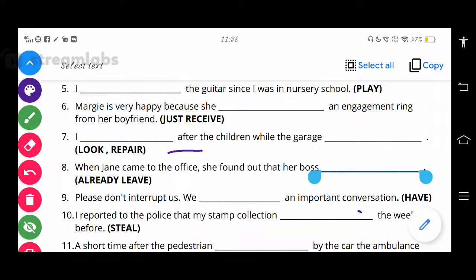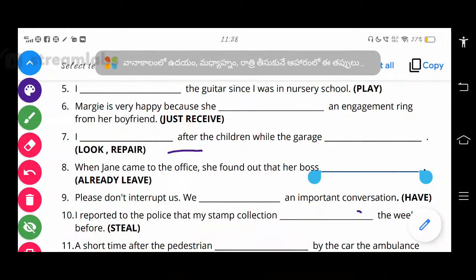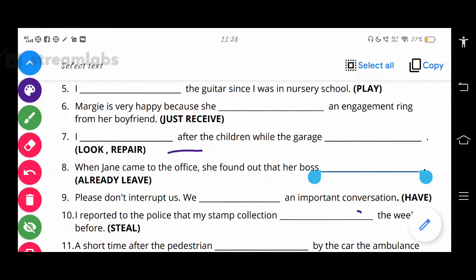So, while the garage was being repaired, I was looking after the children. In this way we have to answer them.